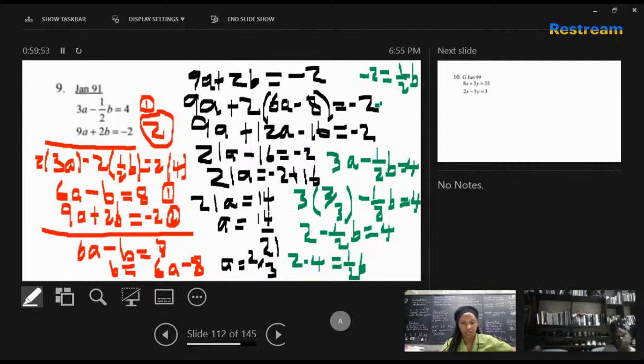So negative 2 times a half, which is what? Miss, wouldn't it be times 2 over 1, since you're bringing it over the other side? Sorry, negative 2 times 2.